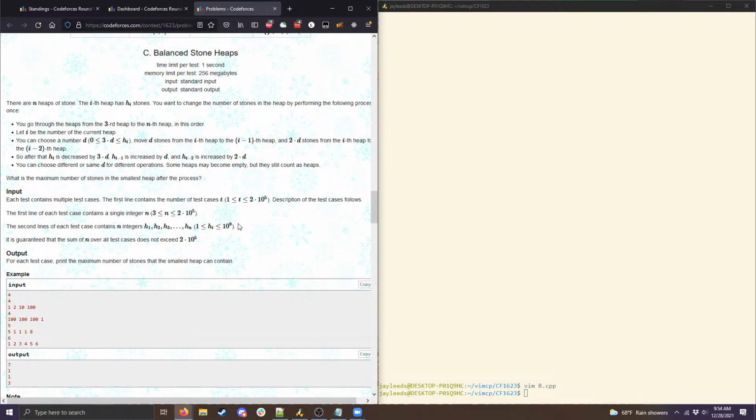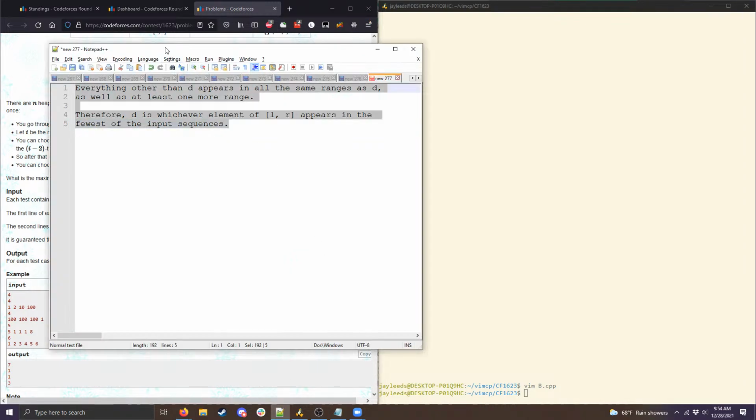So we can't really do DP. But if we binary search, if we know that our goal is just to ensure that the smallest heap contains at least k stones for some k, and I'll write this down.